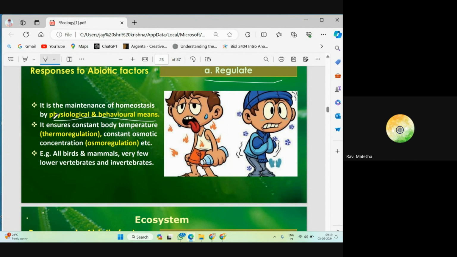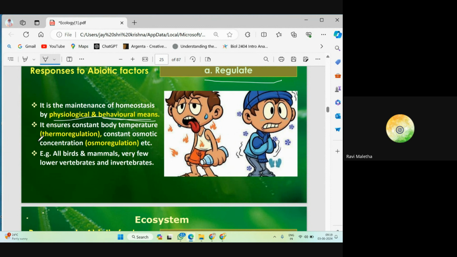Physiological means their body is doing it by itself, and behavioral means they will also try it by their behavior. For example, we drink lots of water in summer to keep our internal environment constant. We wear woolen clothing in winter for the same reason. So how does it happen? By physiological and behavioral means.